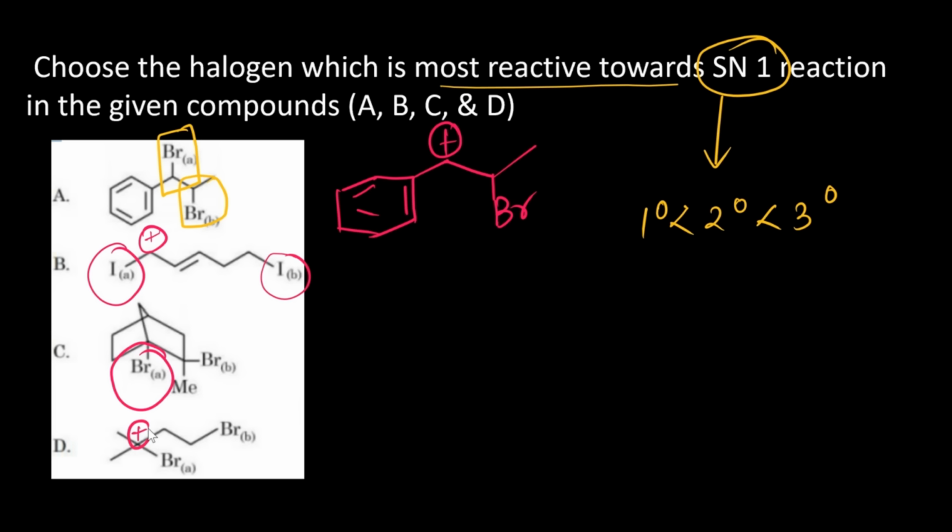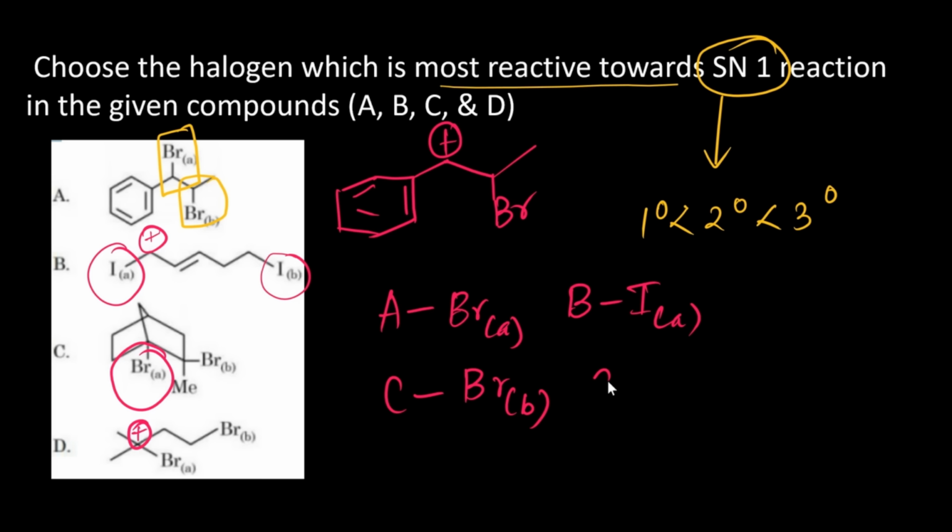D is forming an intermediate of tertiary carbocation, so that is more stable. So among these, which is more stable? In A, we have Br that is stable, and in B, we have I that is stable. In C, we have Br that would be stable, and in D, we have this Br that is more stable than the others.